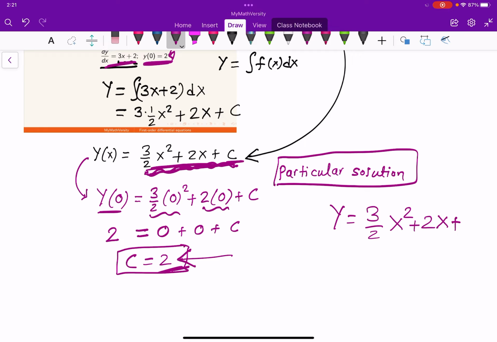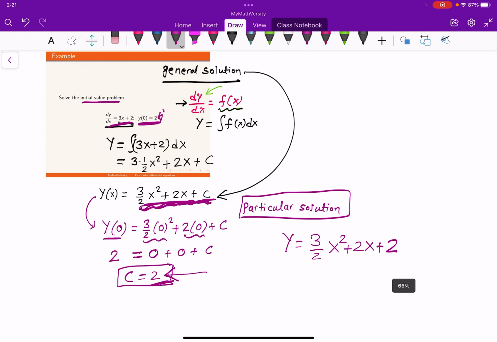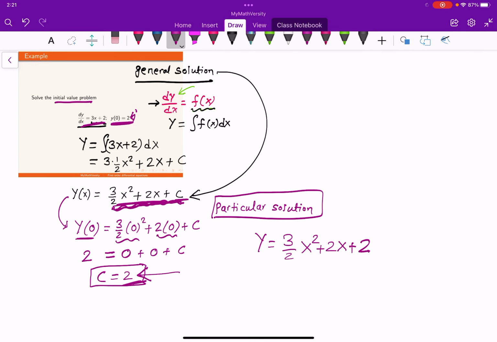So 3/2 x squared plus 2x plus 2 is your particular solution. This is the solution of the initial value problem, because this satisfies the differential equation and it also satisfies this initial condition.